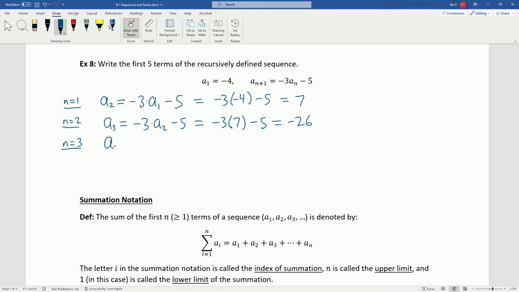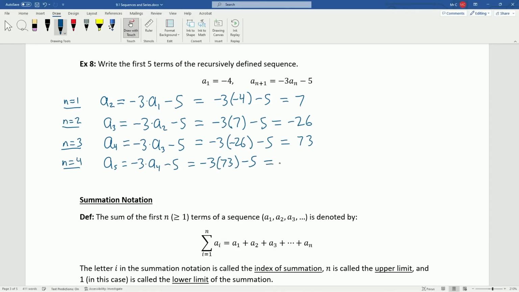All right, now we'll look at n equals 3. So plug in 3, I get a4 equals negative 3 times a3 minus 5 equals negative 3 times negative 26 minus 5. Negative 26 times negative 3, that's going to be a positive 78 minus 5, that's 73. Okay, n equals 4, that's going to give me a5 equals negative 3 times a4 minus 5. That's negative 3 times 73 minus 5.